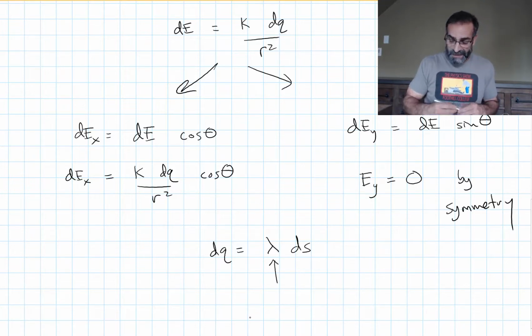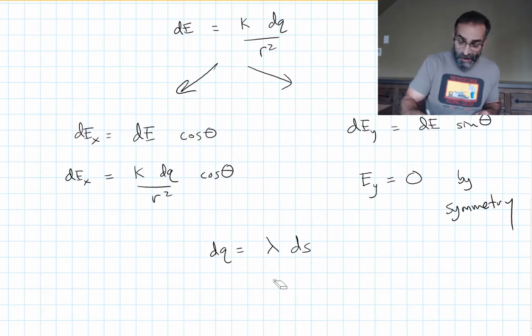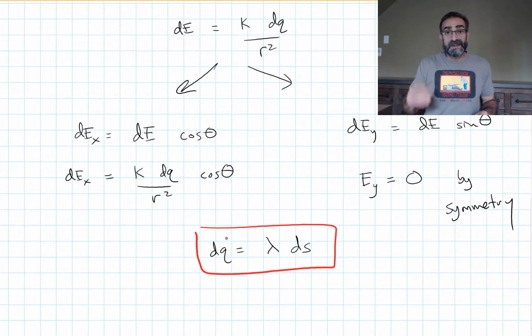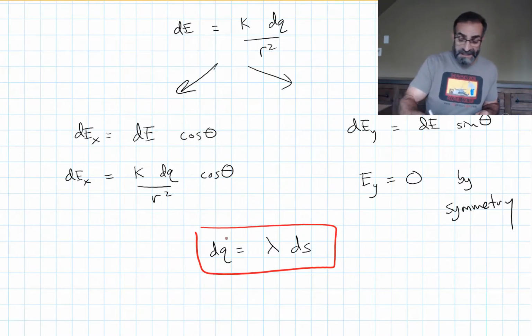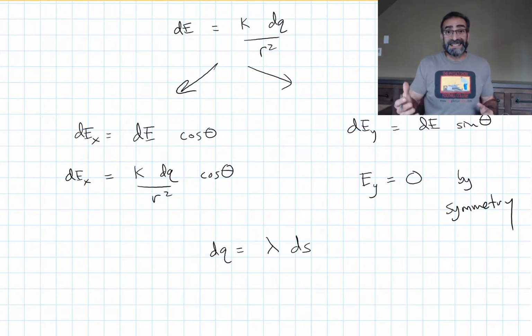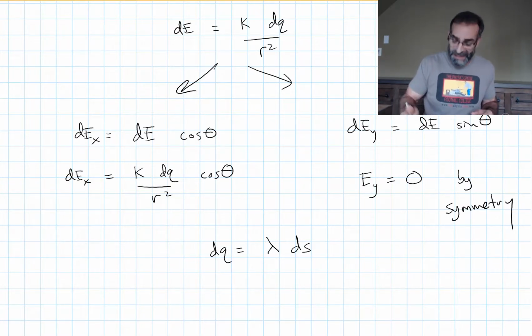But we can't do that in this case because lambda is not constant. But this is always true: dq is always lambda times ds, but lambda is not always constant. If lambda is not constant, we just plug in the function that's given.